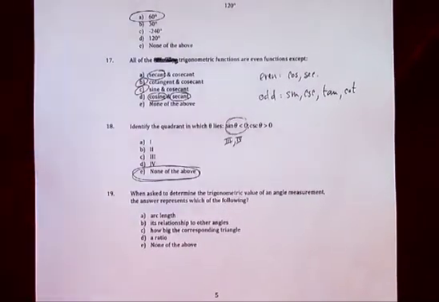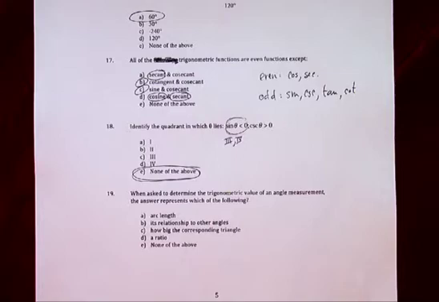When asked to determine the trigonometric value of an angle measurement, the answer represents which one of the following? Okay, so basically the output of a trigonometric function. Obviously, with trig functions, the input is your theta value, because it's sine of theta, cosine of theta. It's the angle measurement that goes in.